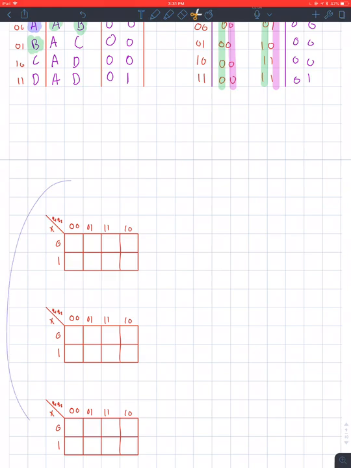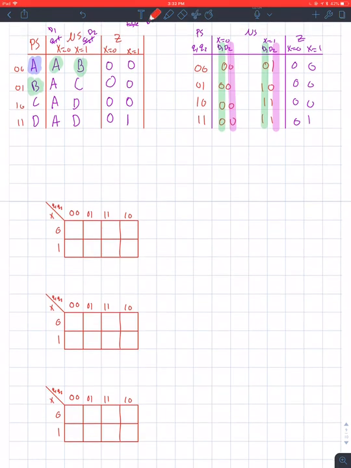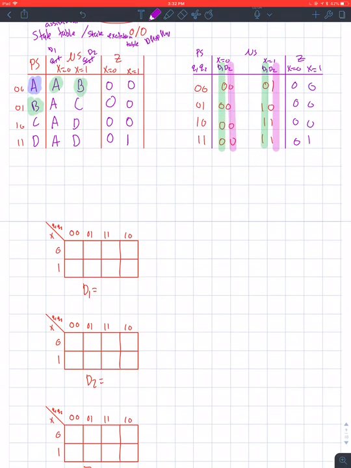Okay, for Q1, we're going to have D1 right here equals, this is D2 equals, and then this is Z equals.